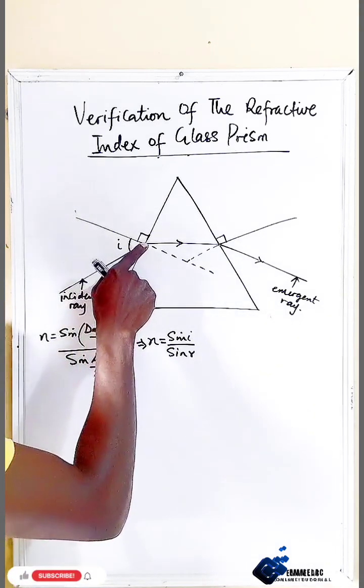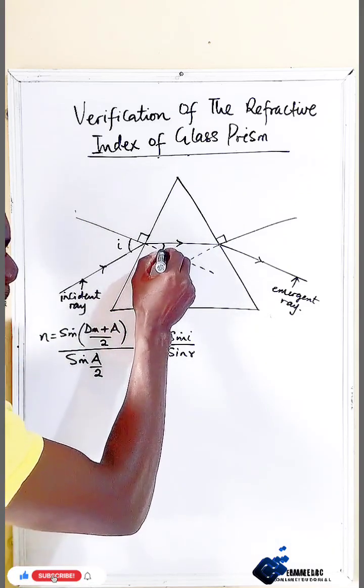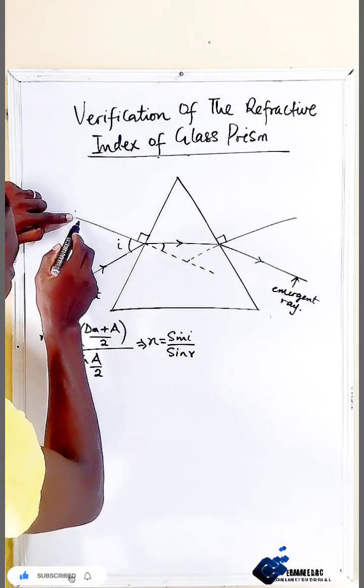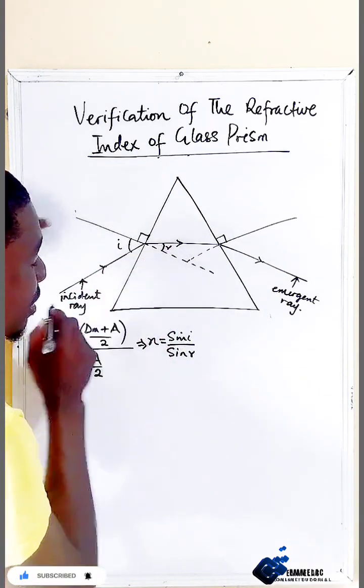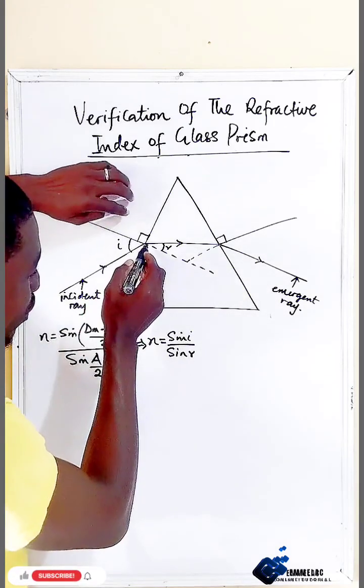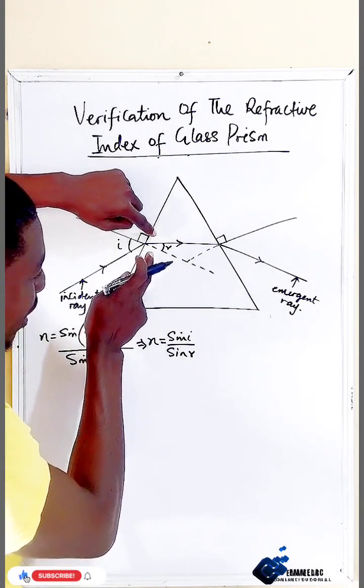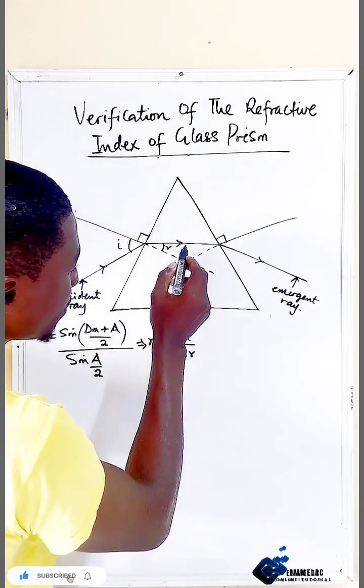Now it's actually refracted. So the angle here, with this being the normal, is called the refracted angle, because there is refraction. Now it travels this pattern.